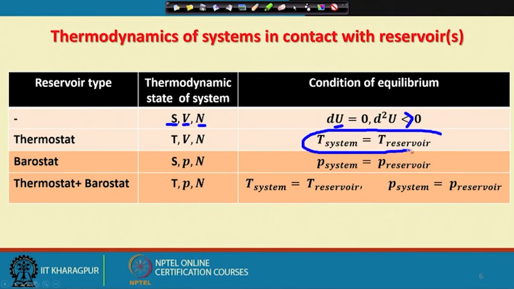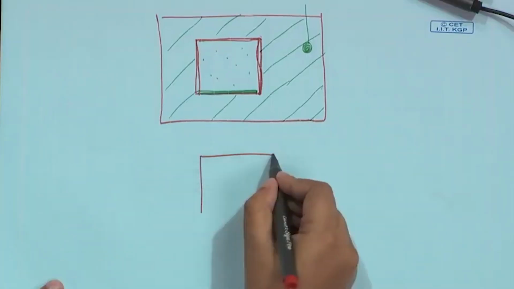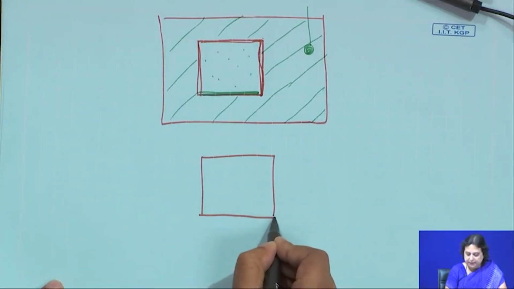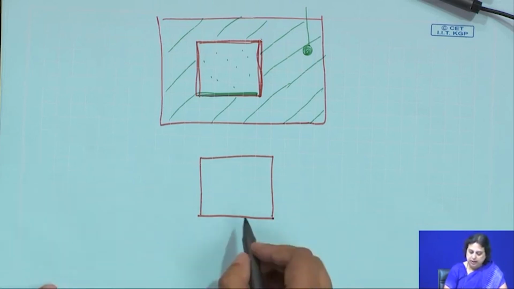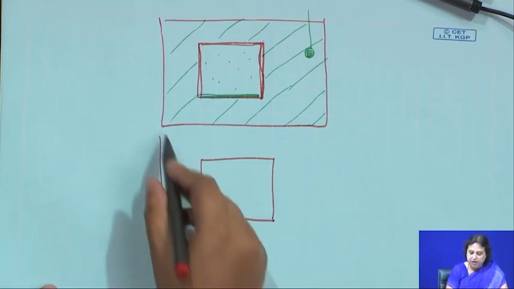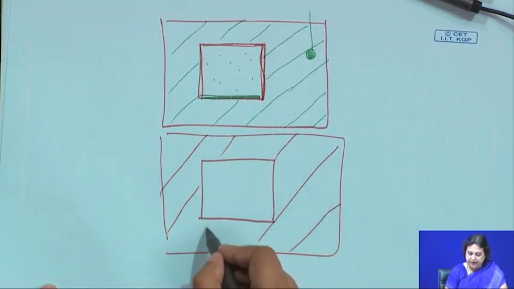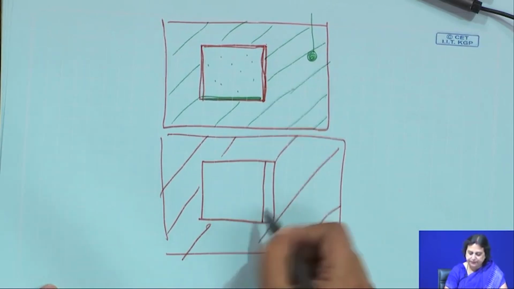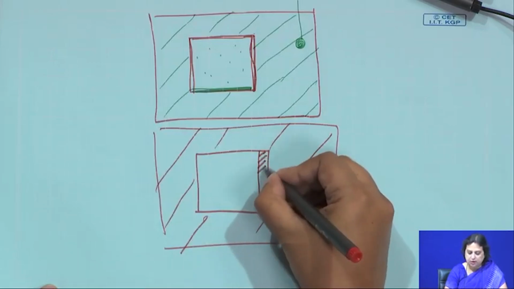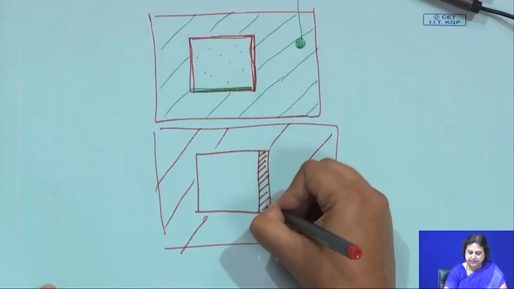And in that case, the condition of equilibrium is that the system temperature must be equal to the reservoir temperature. Okay. Now, instead of making one wall conducting, let me have another situation where I have a similar system, surrounded by adiabatic and impermeable wall, put in contact with a reservoir, but what I have done is I have attached a piston on one side of this system.